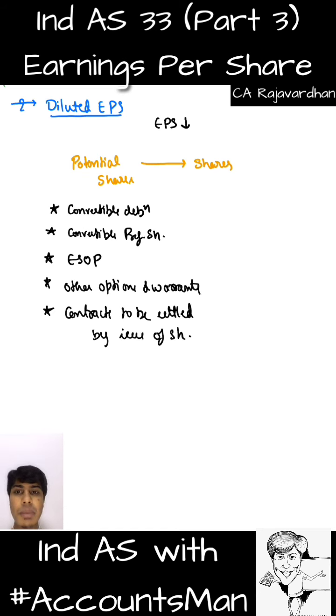So it will become what? Potential shares. These potential shares eventually get converted into shares. If they get converted into shares, there will be a decrease in the EPS. Such expected decrease in the EPS, I'll repeat, listen: expected EPS decrease on conversion of potential shares to shares.